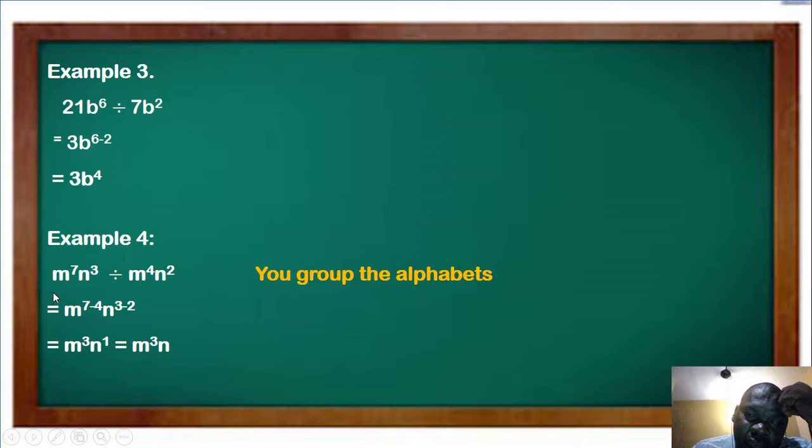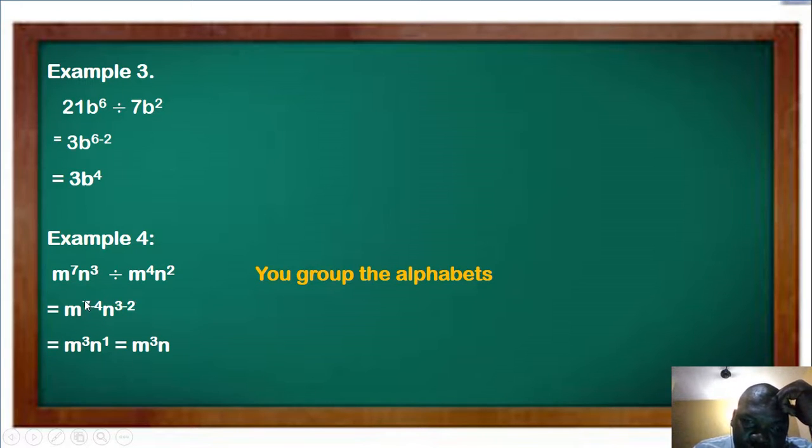Example 4. m raised to power 7 multiplied by n raised to power 3 divided by m raised to power 4 multiplied by n raised to power 2. You group the alphabets. So m has the power of 7 and 4, then n has the power of 3 and 2.